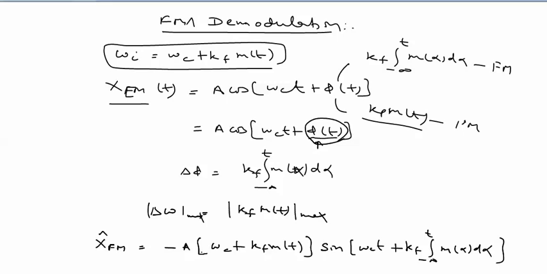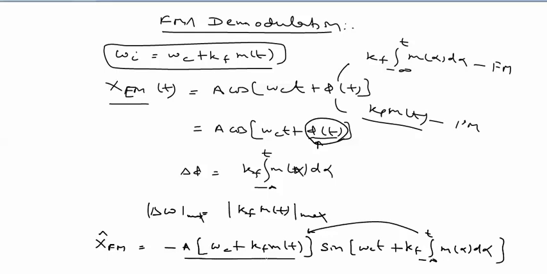Now with differentiation, all the informative portion comes into the envelope portion of the message. This is the envelope, the amplitude portion of the message. From this envelope portion, we can fetch this information via an amplitude demodulation method, meaning the envelope detector method.